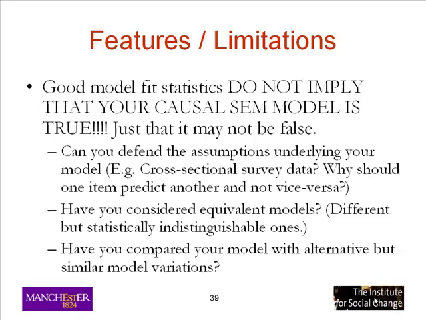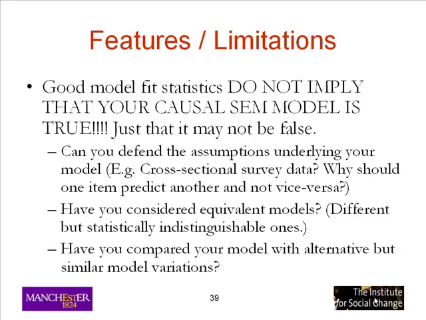For instance, if I've got a cross-sectional survey and I've got some data from that survey, and I take some items and I predict some factors and I say, right, this one predicts that one. Why is it that this one predicts that one and not vice versa? Have you considered equivalent models? For any particular model you fit, there might be dozens of models that are statistically indistinguishable from the model I've actually fitted.